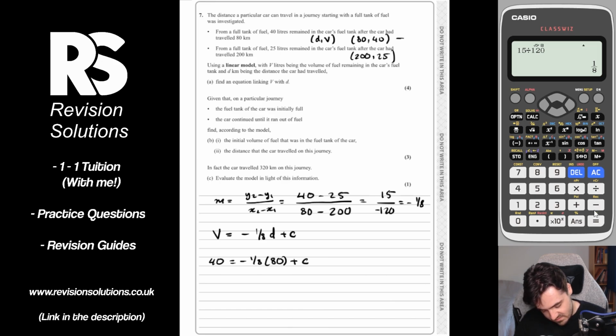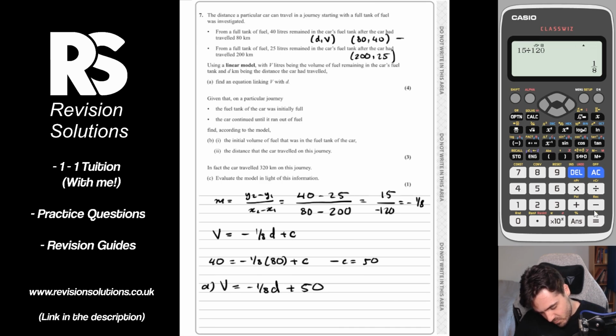Minus an eighth of 80 is just minus 10. So take that over to the other side, then we'd have c equals 50. So our equation then is minus an eighth D plus 50. Let's write the full answer properly here. So V is minus an eighth D plus 50.